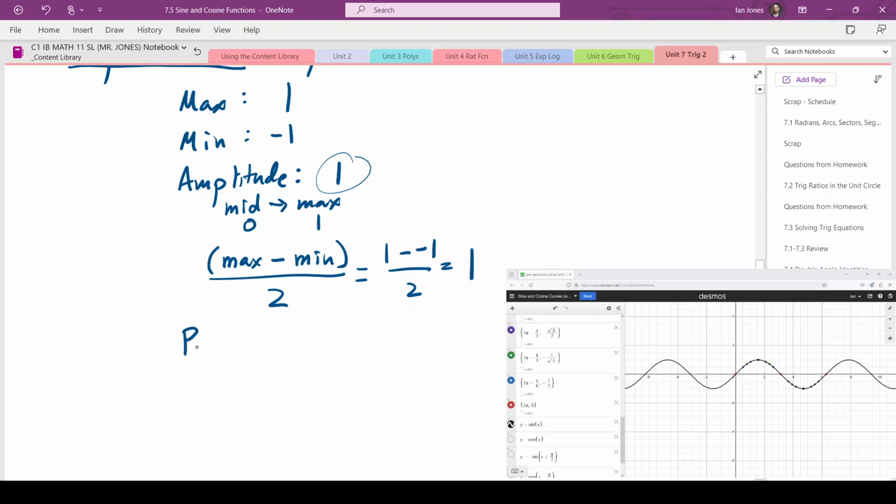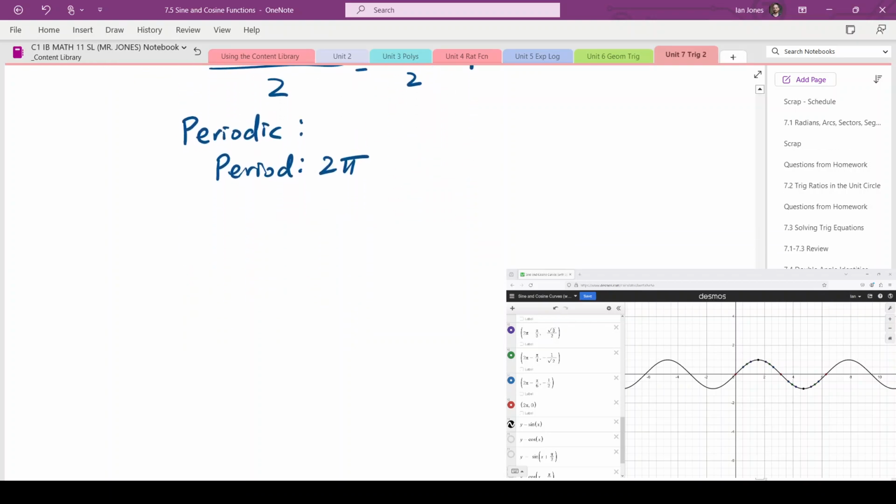We know that this is periodic. We can see that it repeats itself. And what is the period? Well, the period is 2 pi. The period is how long it takes in the x direction to repeat one wavelength. Maybe I'll even put that in here.